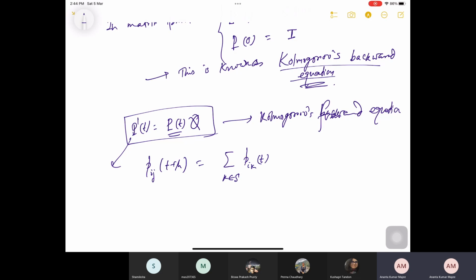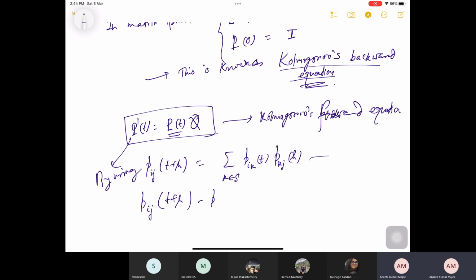Initially, for my first case, I consider Pik of h and then Pkj of t. But I can also consider the same as sum over k in S of Pik of t and then Pkj of h. Is it not? So now we find this Pij of t plus h by using this, which is coming from your Chapman-Kolmogorov equation.